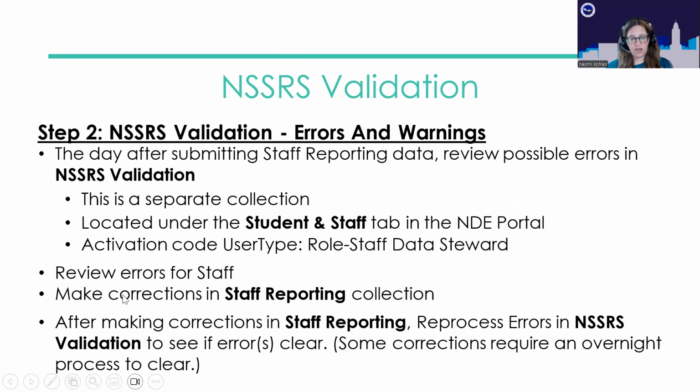Once you log in there, there might be some errors, maybe you don't have any. We want you to review the errors in NSSRS validation. To fix some of those, sometimes you have to go back to the staff reporting collection, update the information there, and then come back into NSSRS validation and reprocess those errors.